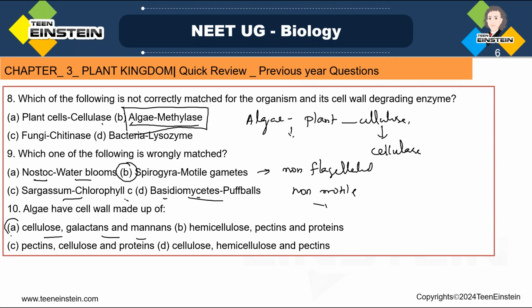So option A is the correct option. When we learn about algae, we tell about their cell wall and its contents. In this chapter, if you read thoroughly, you don't need to think much. You'll get the direct answer. Almost all questions are direct questions.